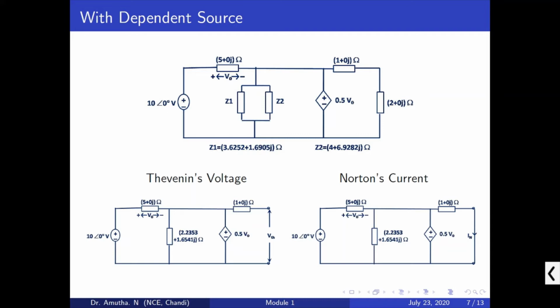For that first we have to remove this. We have to open circuit this in case of Thevenin's voltage, and we have to short circuit it in case of Norton's current. In the next slides, we are going to see how this can be found out.